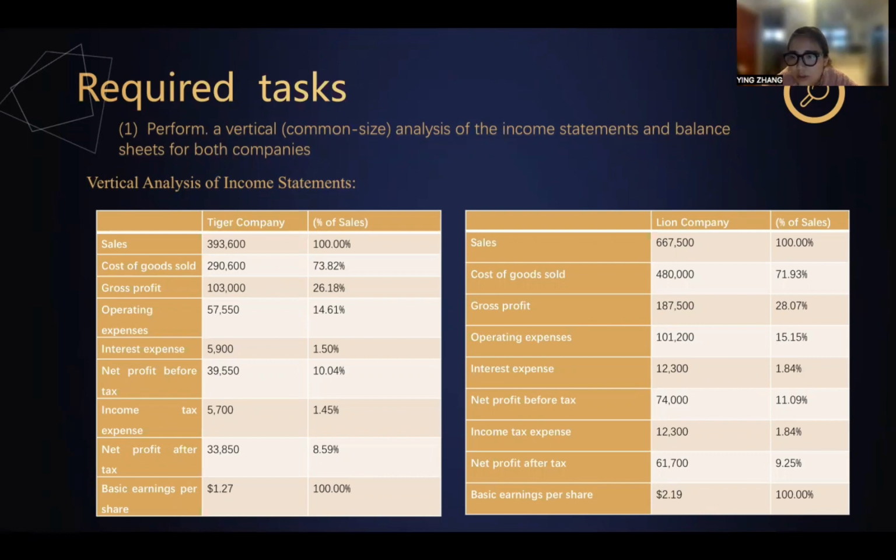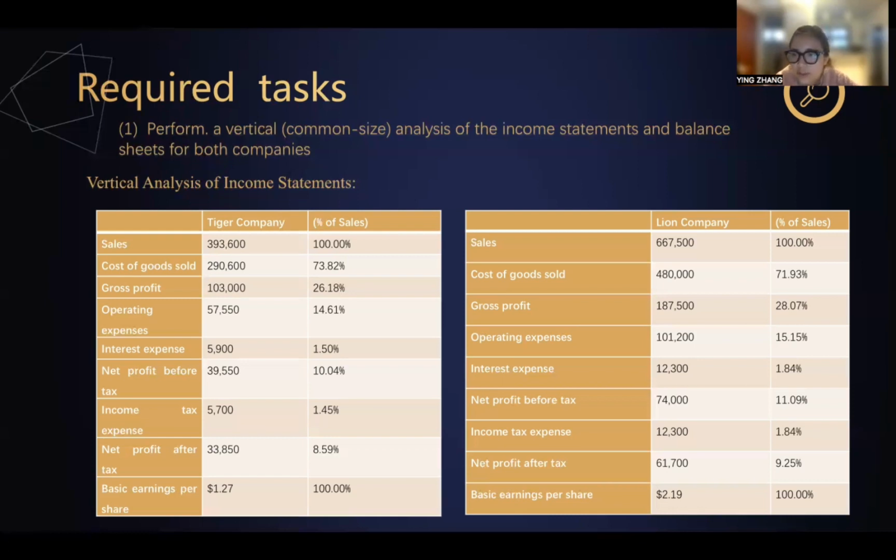Loin Company has a higher cost of goods sold, representing 71.93% of sales, indicating weaker cost control compared to Tiger Company. Both companies have relatively low operating expense, accounting for 14.61% and 15.15% of sales respectively, indicating efficient operational control.